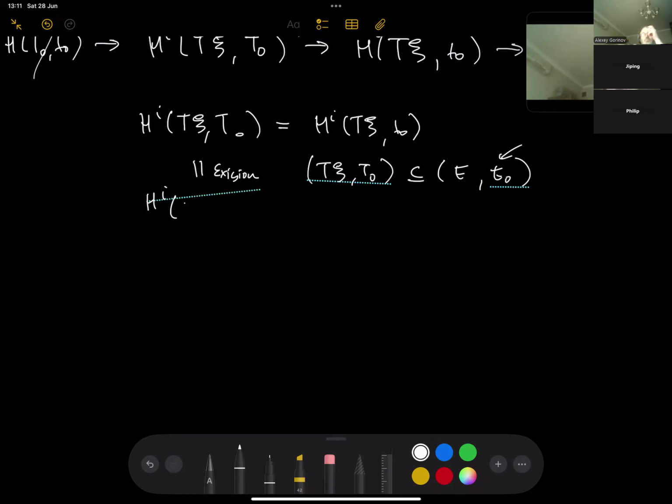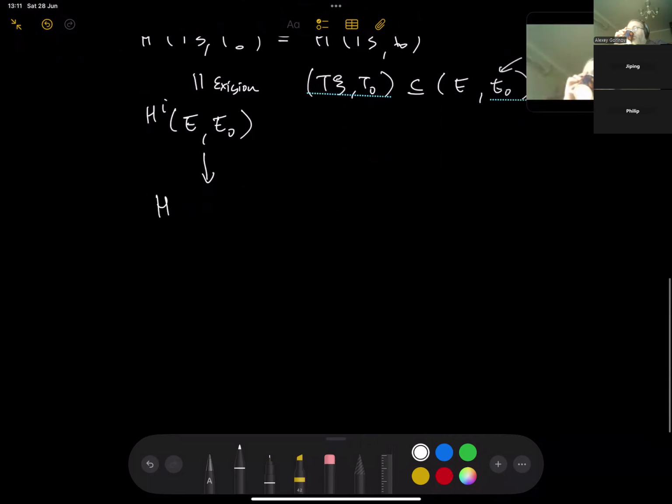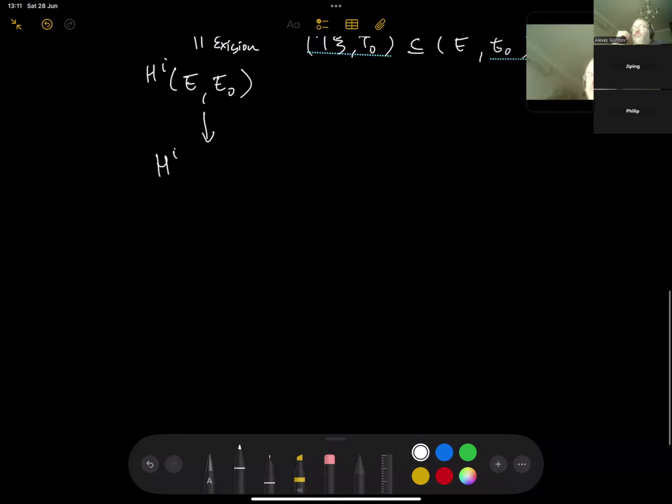So this is the excision axiom on the cohomology. We get that these are equal. And then we have the Thom isomorphism, well, the arrow goes the other way.